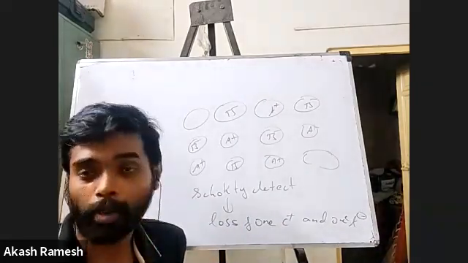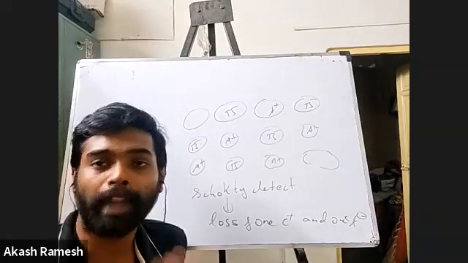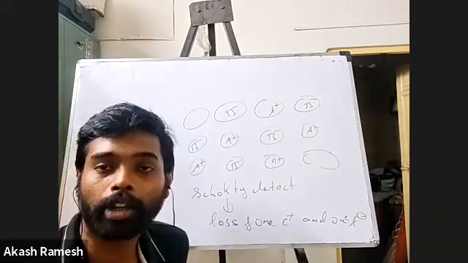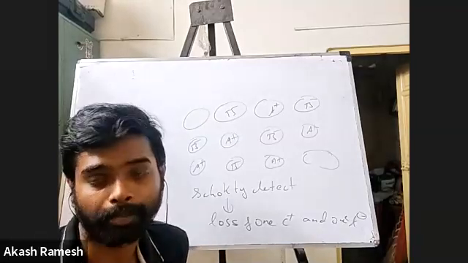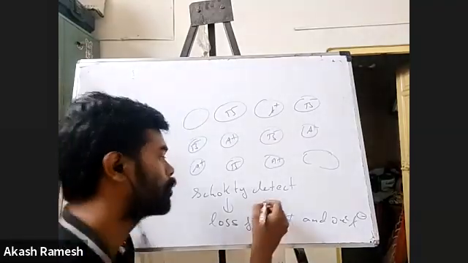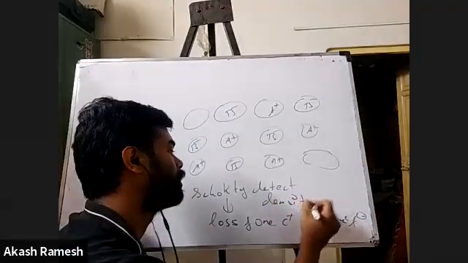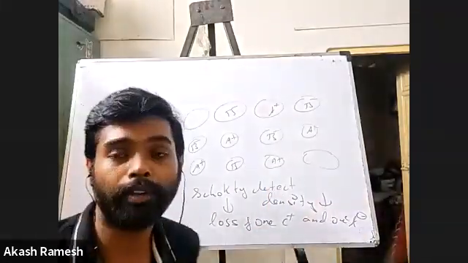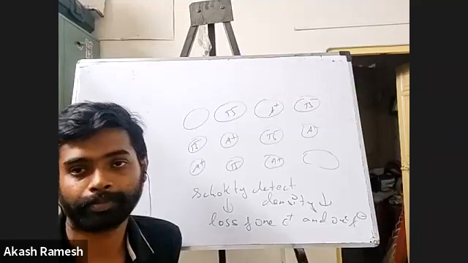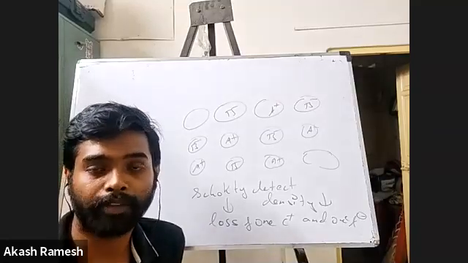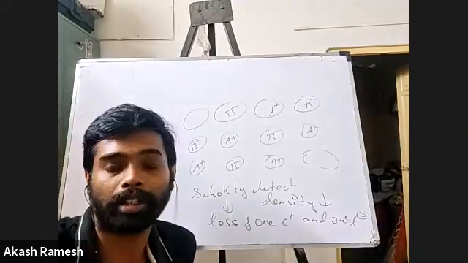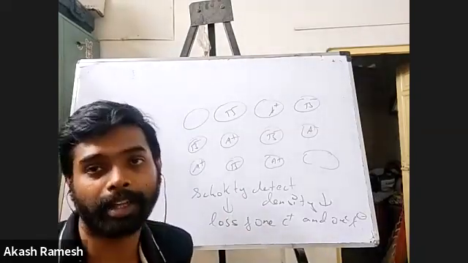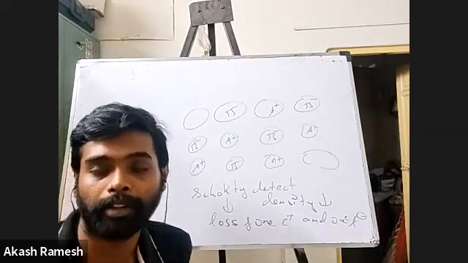Obviously, some amount of A and B are lost, so the mass of the compound or the mass of the lattice is reducing. Whenever the mass is reducing, you will see that the density will be decreasing whenever you have Schottky defect. So there will always be a decrease in density of the lattice whenever you have Schottky defect.